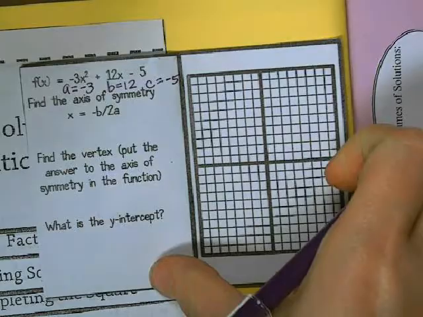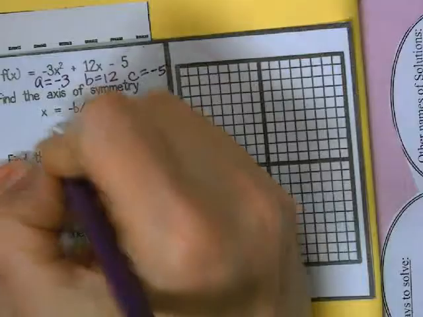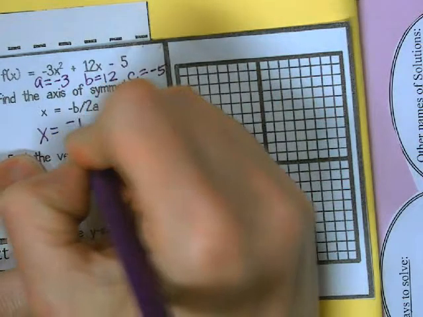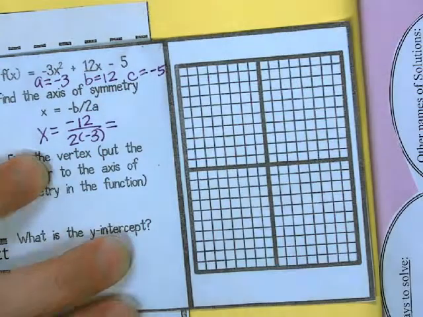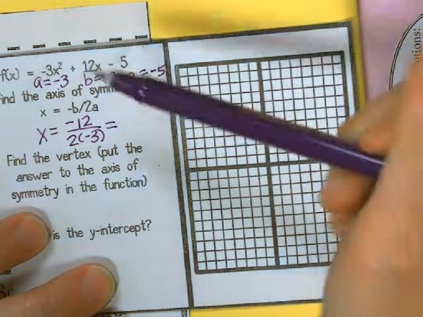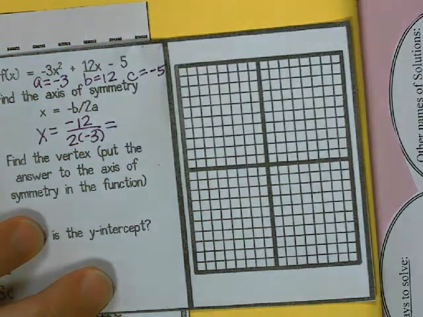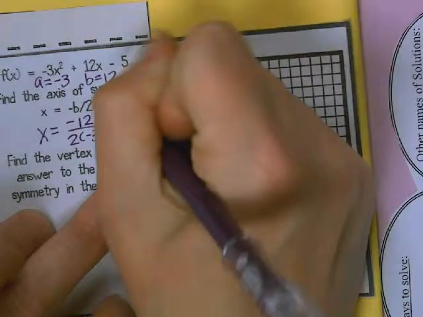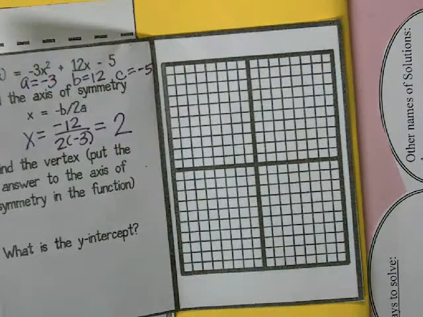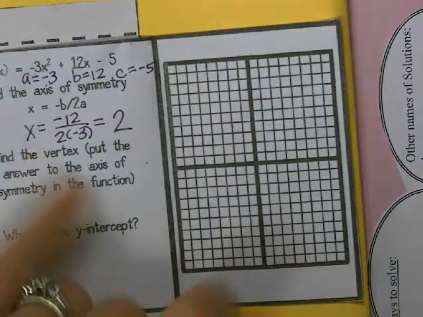So you put it as -b/2a: -12/(2 times -3). You type that in on your calculator, and that's -12/-6, which is +2.